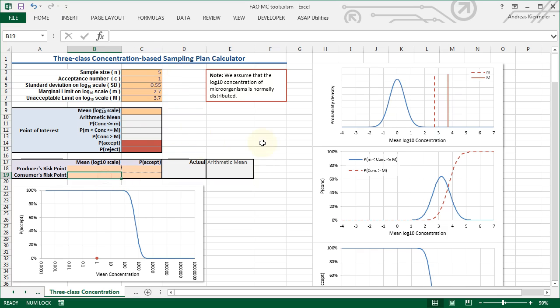And now we need to specify our consumer's risk point. Again, this is done by providing a worst case type of mean log 10 concentration and a corresponding probability of acceptance. Now let's say that we have values of 3 and an associated probability of acceptance of 10%.